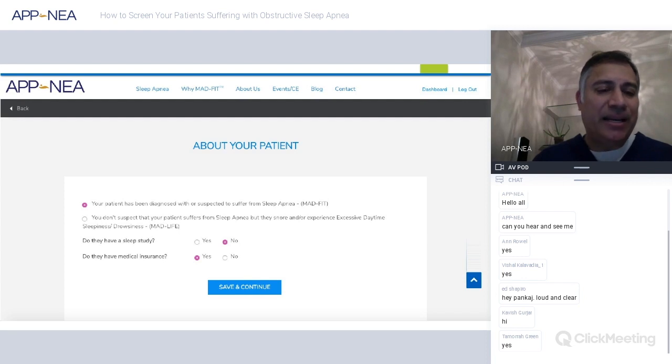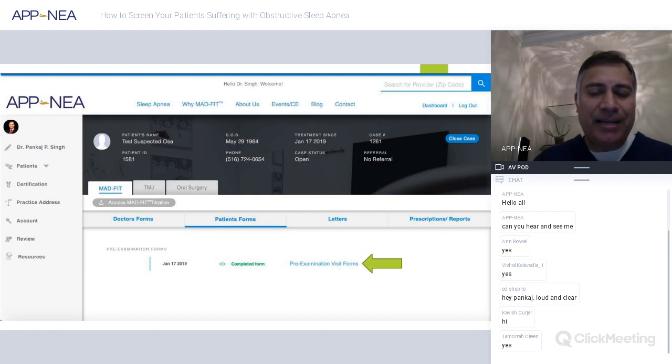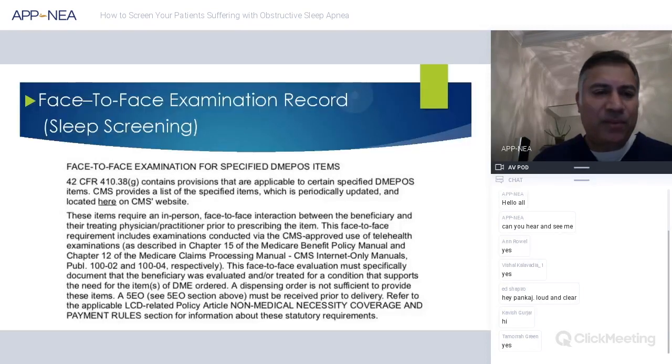Do they have a sleep study? Just simply answering these questions guides the analytics into the most efficient and analytical workflow. So the patient completes their medical history forms, the pre-examination visit forms that include their medical history, their medical insurance information, their dental insurance information, their sleep history, a whole bunch of different things.